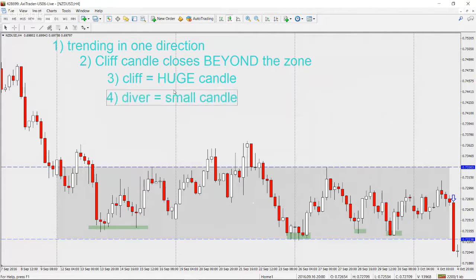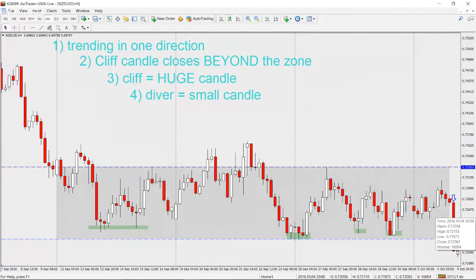So the diver is a small candle, and basically it retouches the zone. That's the diver's job. The diver's job is just to come back, touch the zone, and say, "Yep, sorry, I can't get through that anymore. That's it.